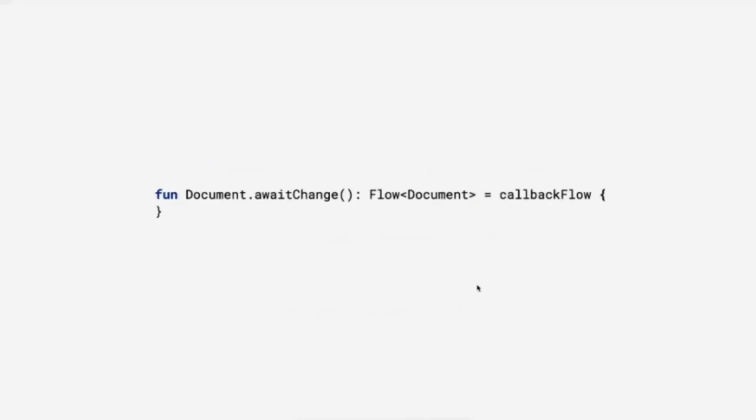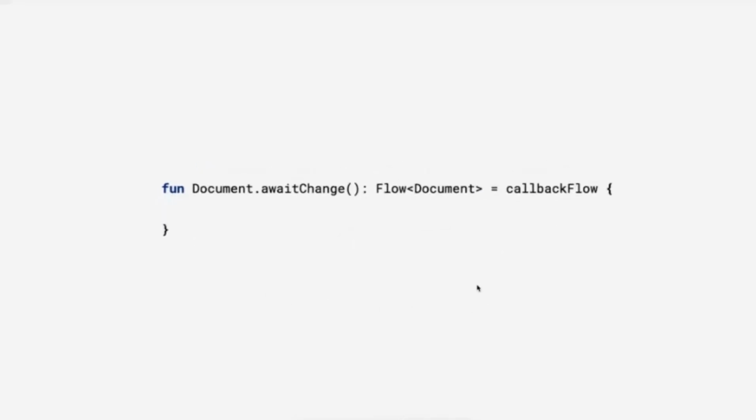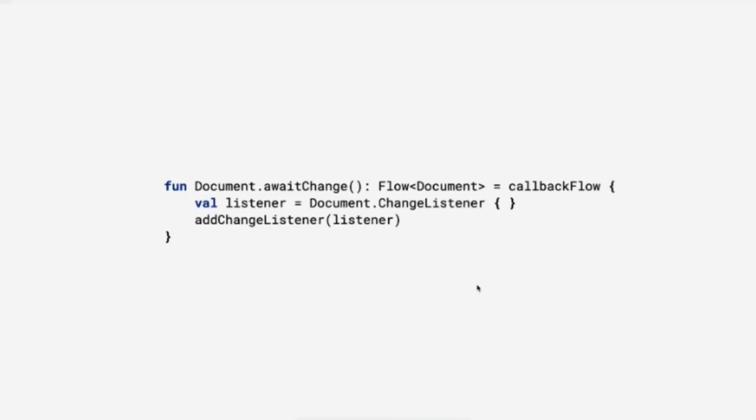Flow provides an API called callbackFlow. In that, you would use the same change listener, and you would add some sort of a mapper or a wrapper to convert your callback based code to a flow. That's why it's called callbackFlow in the first place.